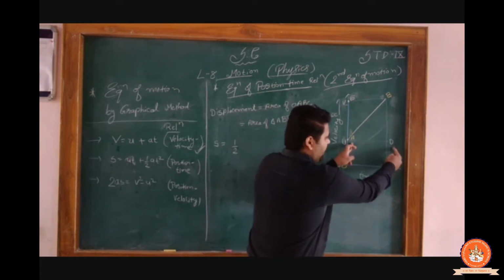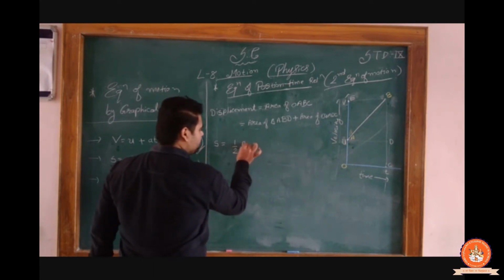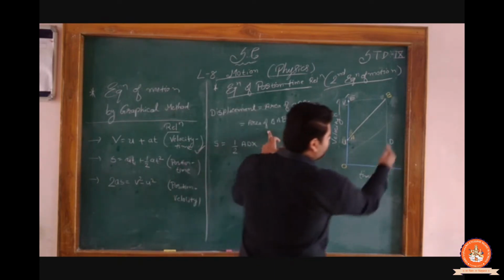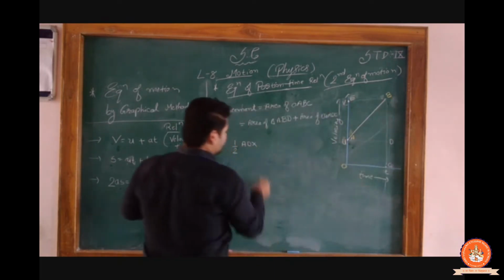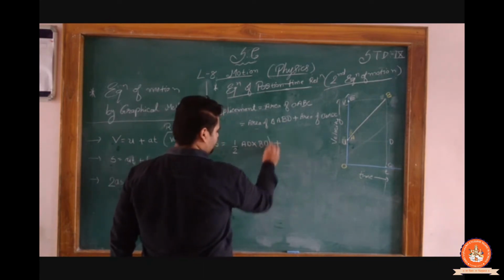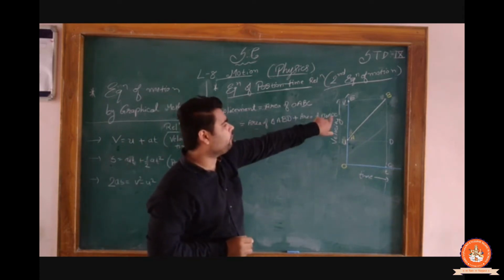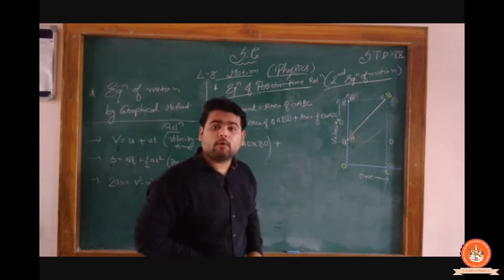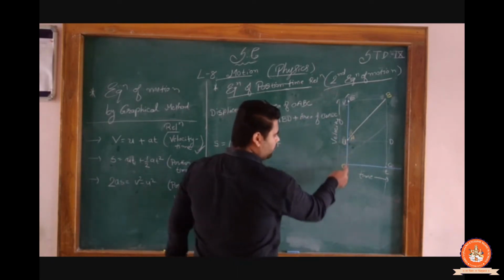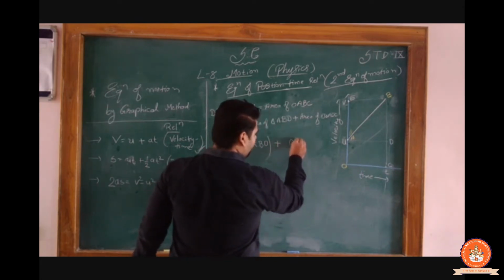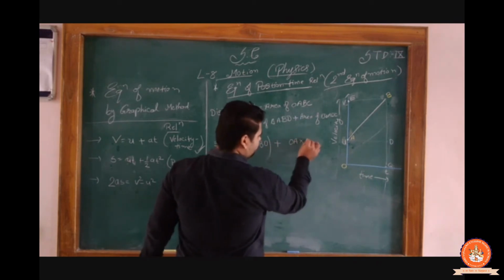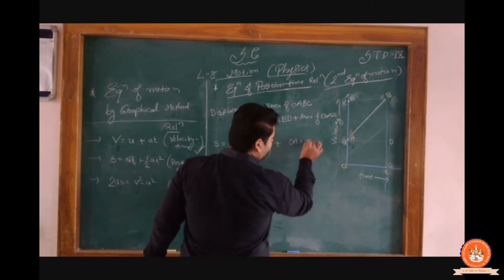The base here is AD, multiplied by the altitude, which is BD. Plus the area of rectangle. Area of rectangle means length multiplied by breadth. The length is OA multiplied by breadth OC.